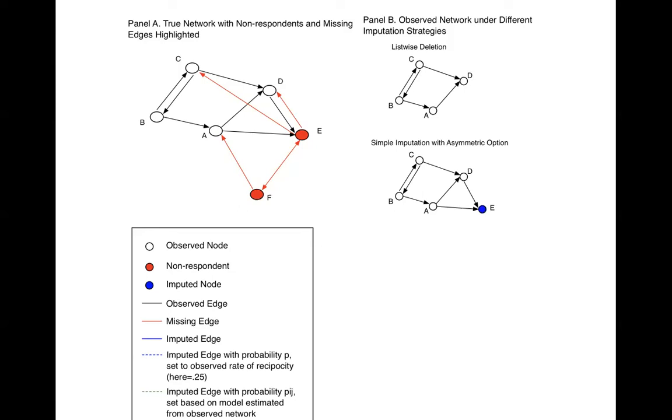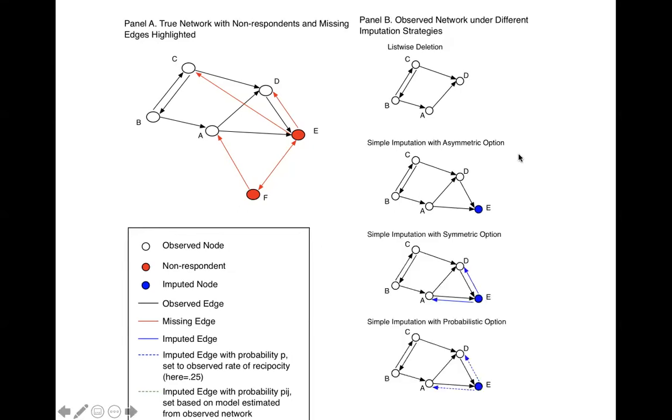Okay, the second class of options is simple imputation, and there are really three versions of this. With simple imputation, the first thing to note is that here you do begin to put the non-respondents back into the network, in this case, node E. Basically the idea is to start by constructing the network with all the observed ties included.